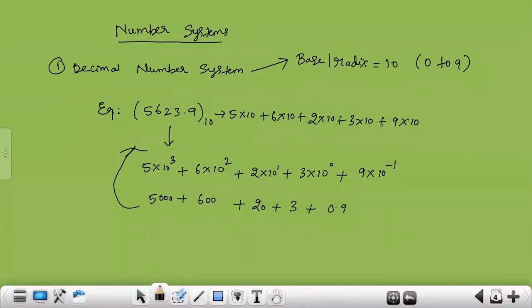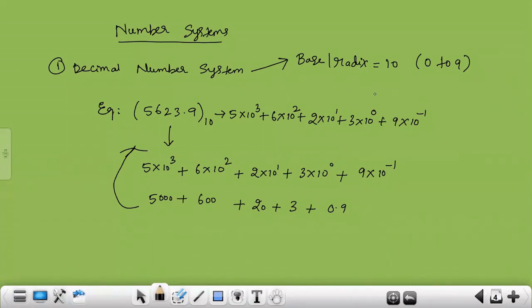Where I have a decimal point, on to the right I have to start numbering from minus 1, and on to the left I have to start numbering from 0. So 10 power 0, 10 power 1, 10 square, 10 cube. This is how we have to express in terms of weight.